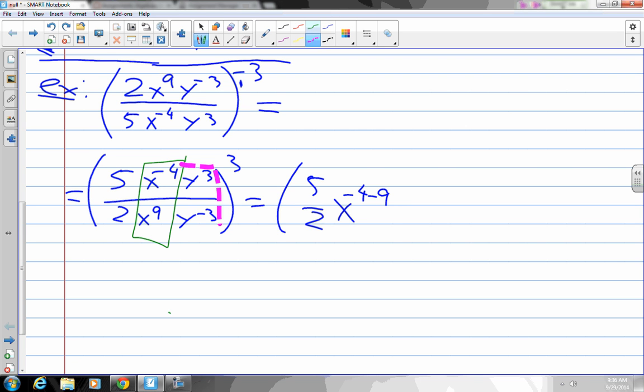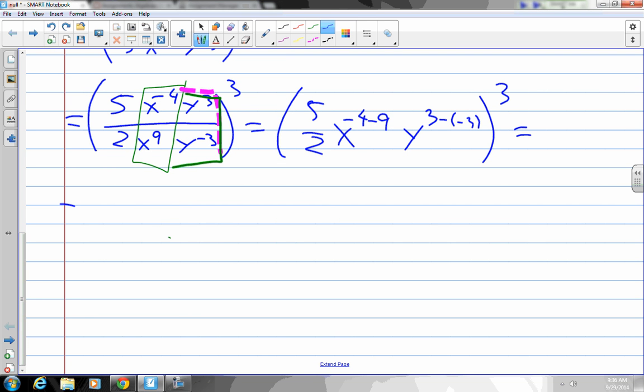I can do the same thing with the y's. Following rule number 2, I will subtract exponents. So it's y cubed minus negative 3. I still have a big 3 on the outside. So, still 5 halves.